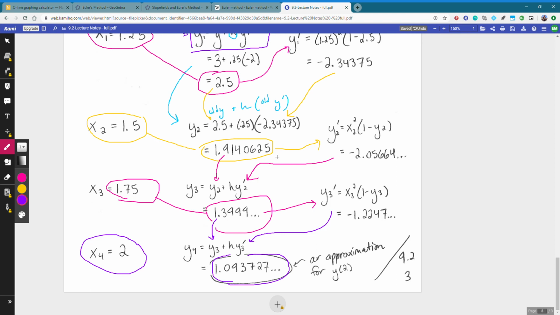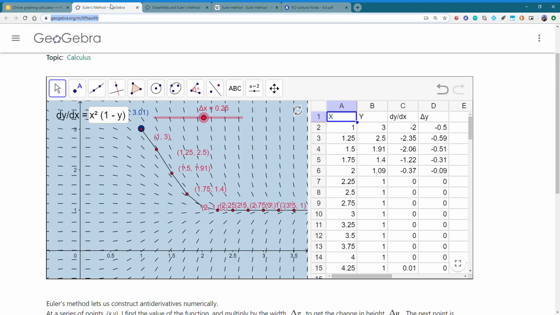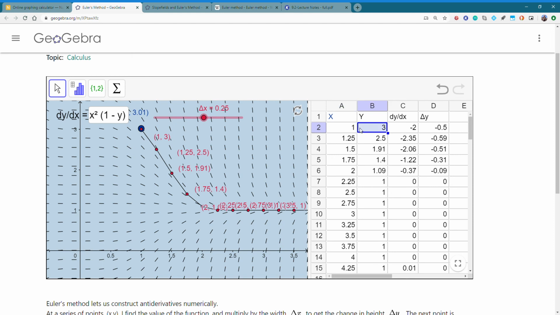There's a nice visual verification we can get for this as well. Here's another GeoGebra interactive. Here I have the slope field, the direction field, from our differential equation. And I've chosen our base point (1, 3) over here on the right, and our step size here, they use delta x, is 0.25.